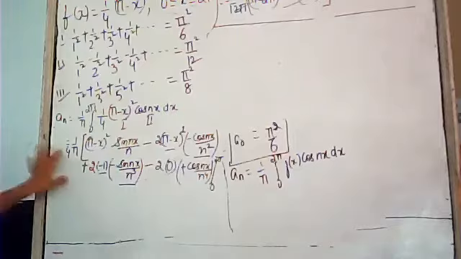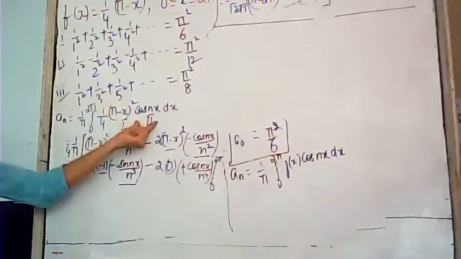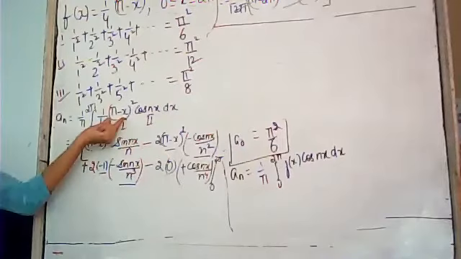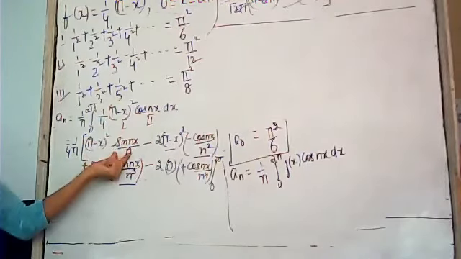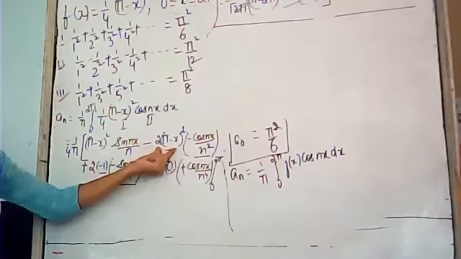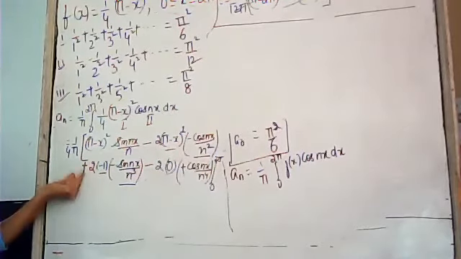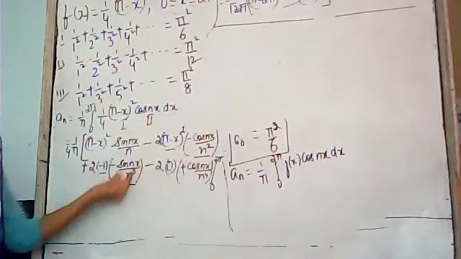I am again repeating. We have to integrate this function. In this function, we have two functions, number 1 and number 2. While applying u into v, first of all, the first function will remain as it is, and integrate the second function. Then the negative sign, differentiate this function and integrate this function. Again, positive sign, this 2 will remain as it is. Again differentiate this function and again integrate this function.